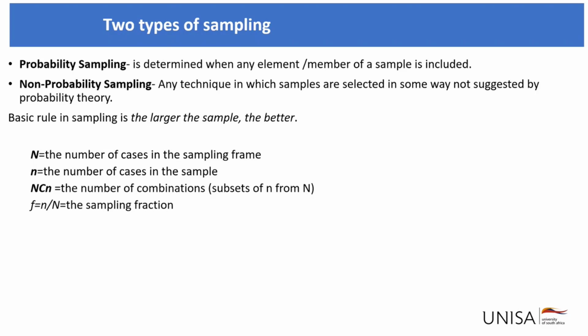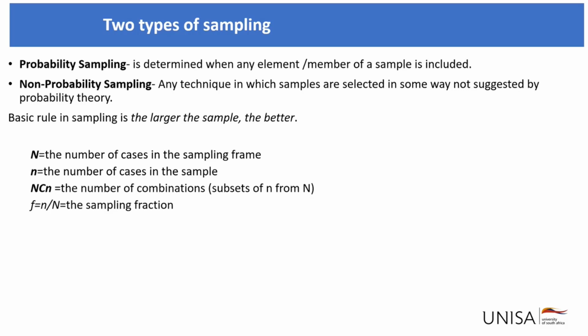Probability sampling is determined when any element or a member of a sample is included. Now, with probability sampling, it's almost like all elements, or any member in the community, in the population, stands a chance to be selected. So we all stand a chance to be selected insofar as probability sampling is concerned.